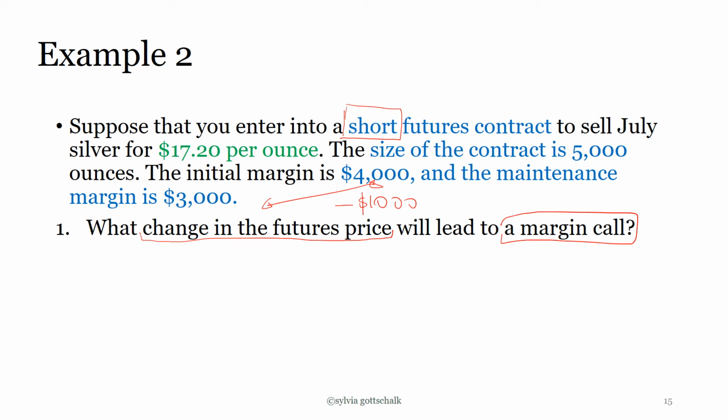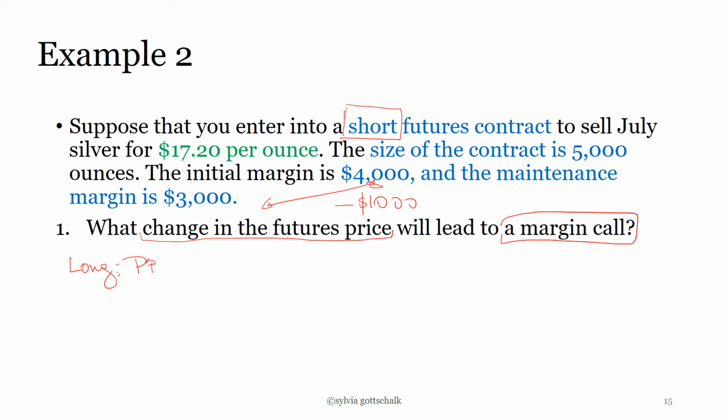And also, if you go back to the beginning of this video, when we were looking at the daily settlement, we said that if the price goes up, the long position has a gain. Let's rewrite it properly.